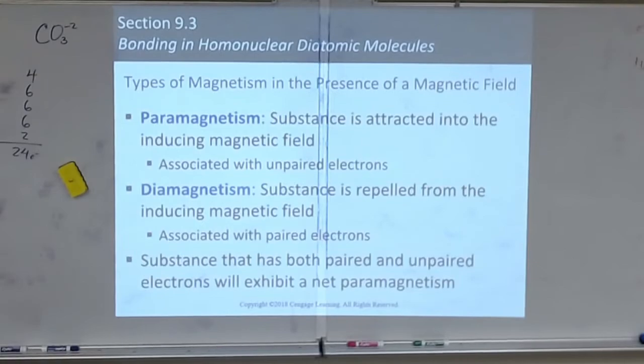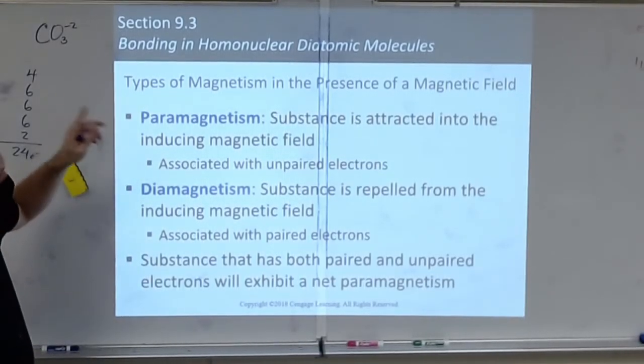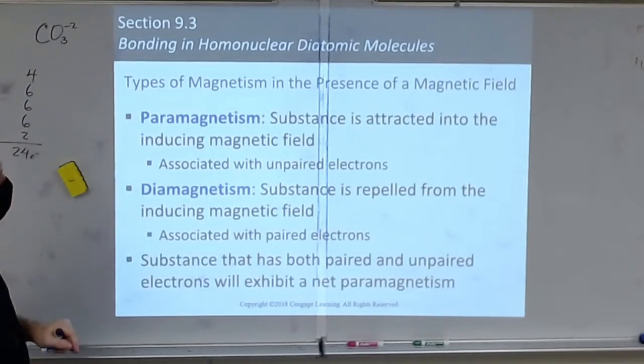All right. Types of magnetism. So we did that really quickly. Types of magnetism in the presence of a magnetic field: paramagnetic and diamagnetic. All right. Paramagnetism: the substance is attracted into an inducing magnetic field.